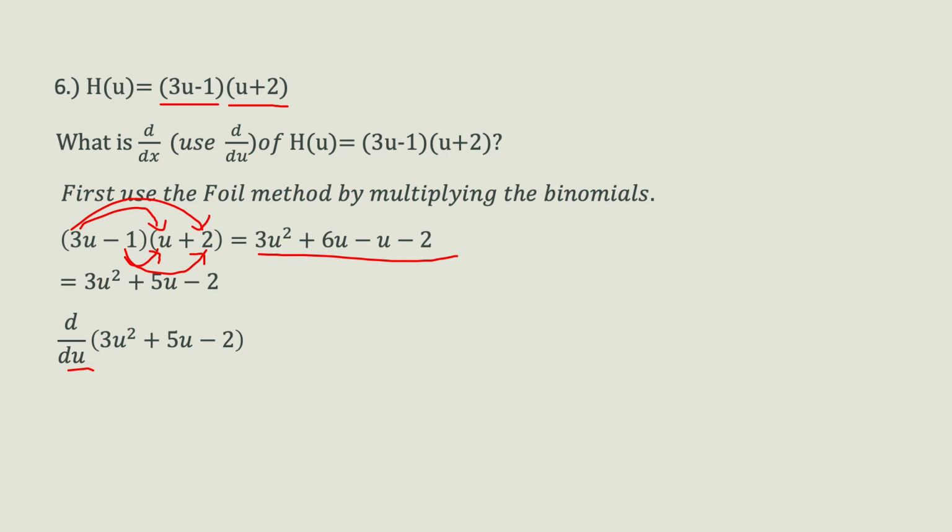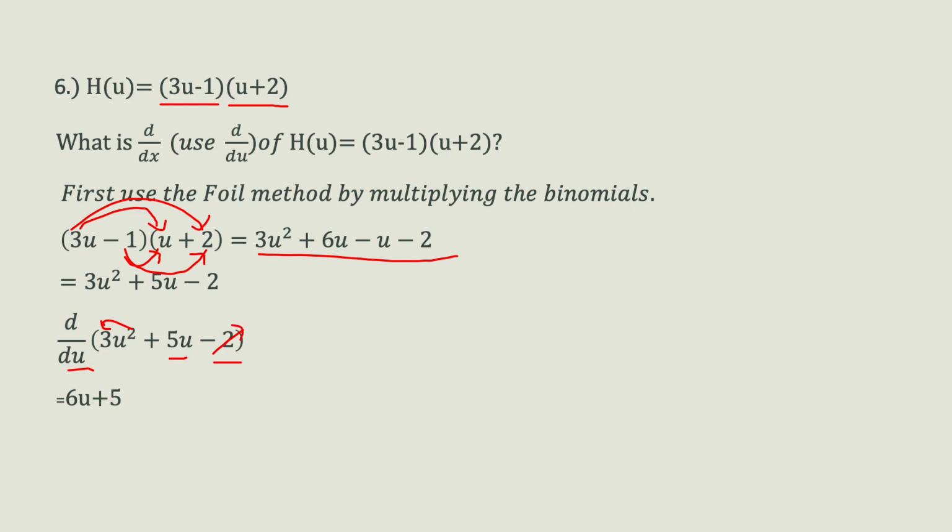Using the power rule, we move the 2 forward, so we get 2 times 3u, and then we subtract 1 from the exponent 2, so we get 6u plus 5, because the derivative of 5u is just 5, and the derivative of negative 2 is just 0 because it's a constant. So our final answer is 6u plus 5.